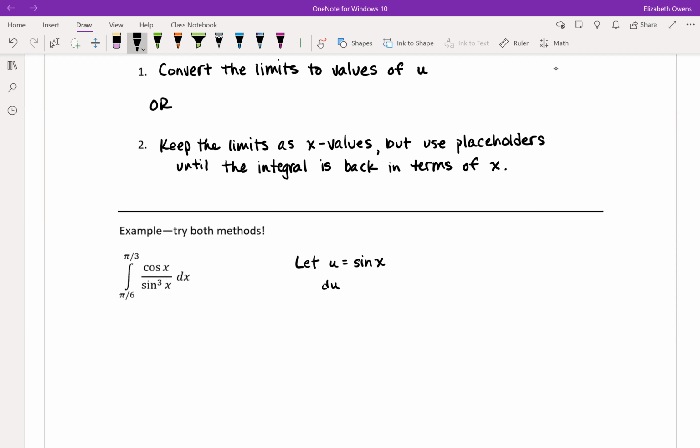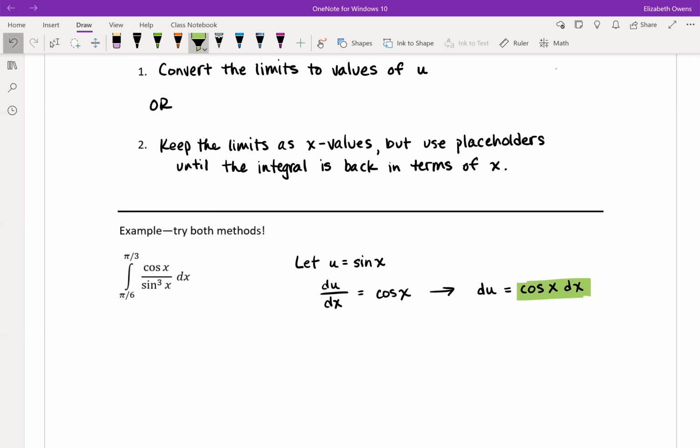Remember, we need to convert this integral into terms of u. Take the derivative, du dx equals cosine x, so that we can work with the differential: du equals cosine x dx. And how convenient that is, literally sitting right here inside our integrand.